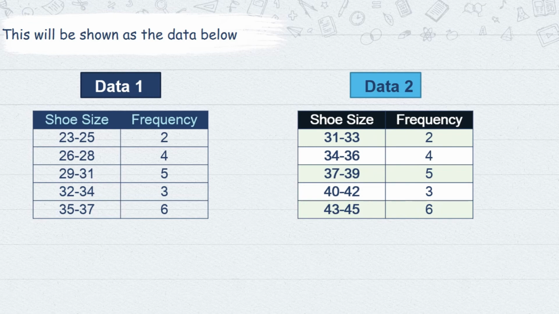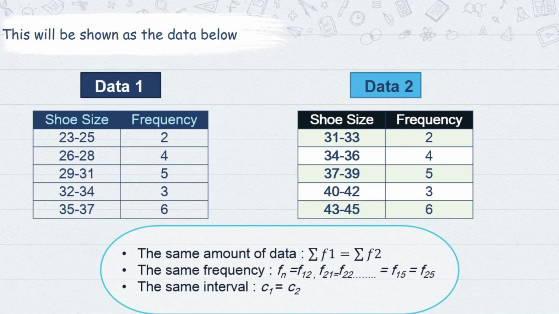From the problems above, we know that the two data have the same amount, frequency, and interval. So, we can rewrite the information. 1. The same amount of data is sigma frequency 1 equals sigma frequency 2. 2.